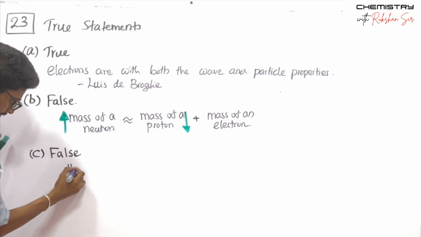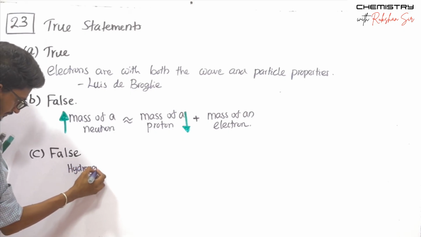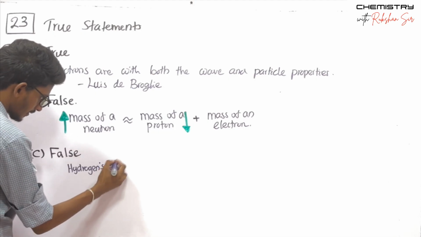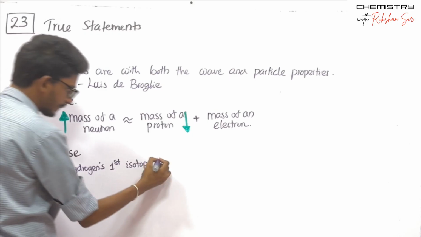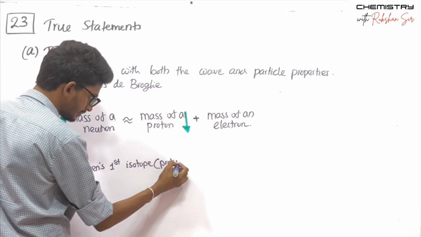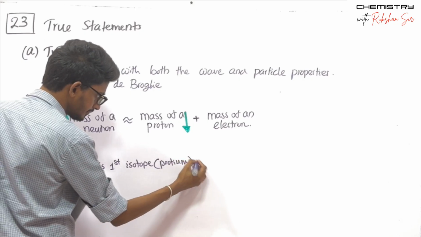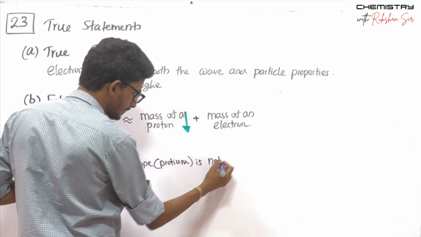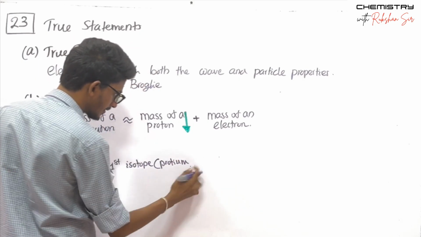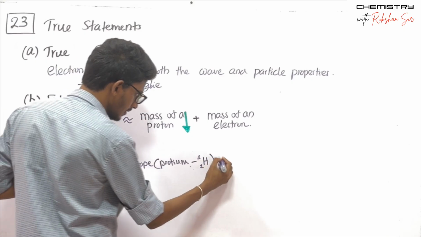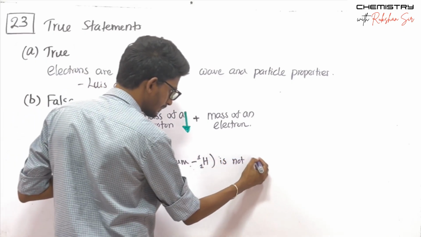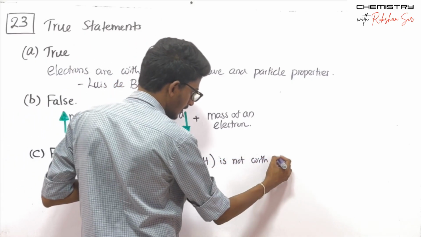Hydrogen's first isotope, protium, H-1-1, is not with neutrons.